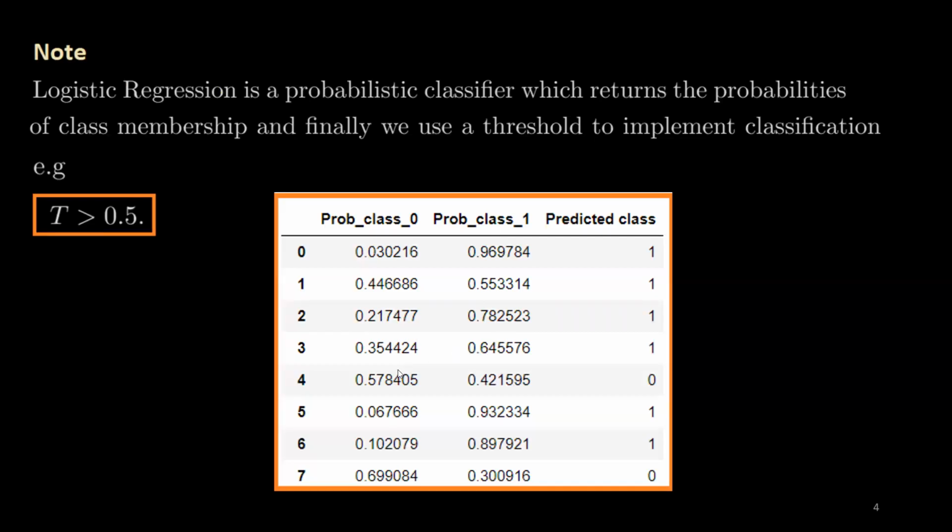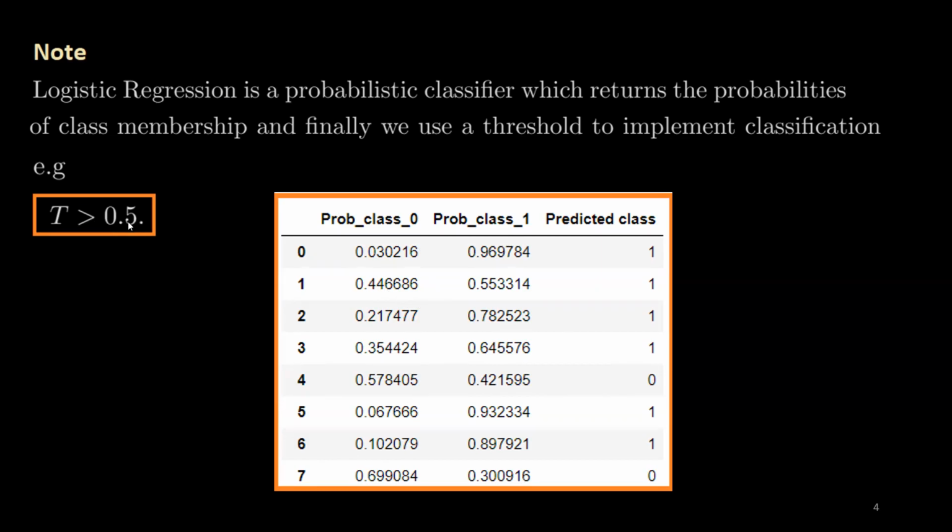So logistic regression is providing us the probability for this sample. Since the probability of class 0 is high compared to the probability of class 1, the predicted class is 0. So logistic regression provides us the probabilities, and then we set a threshold.